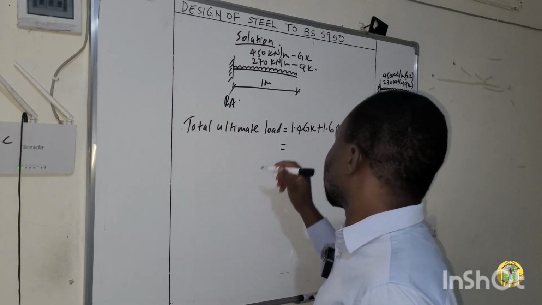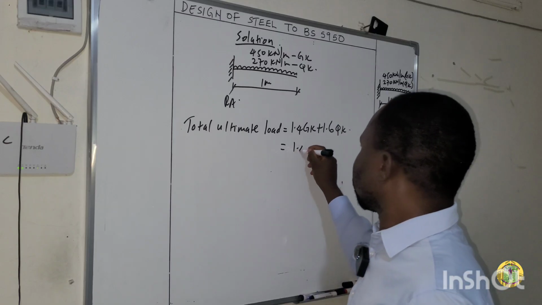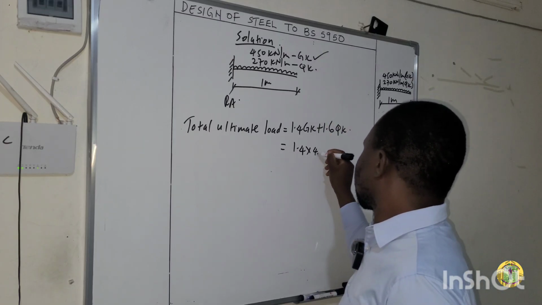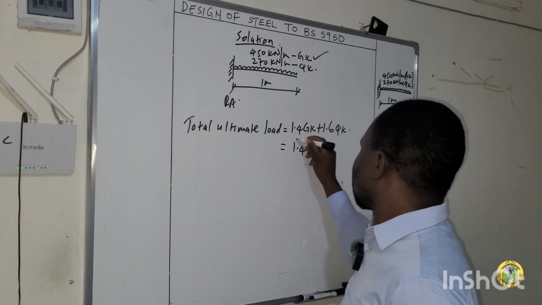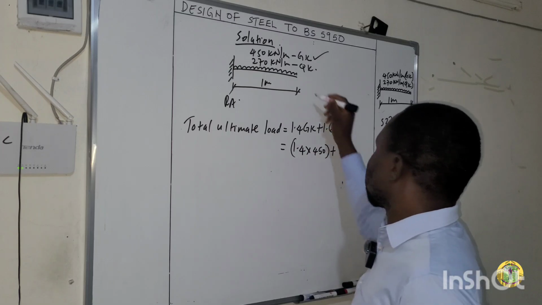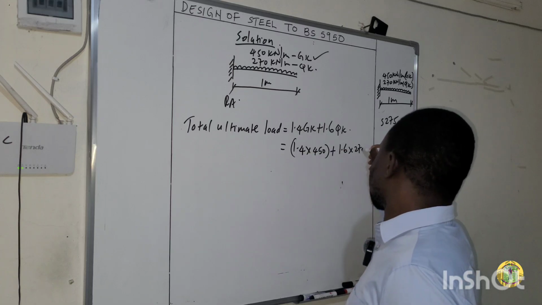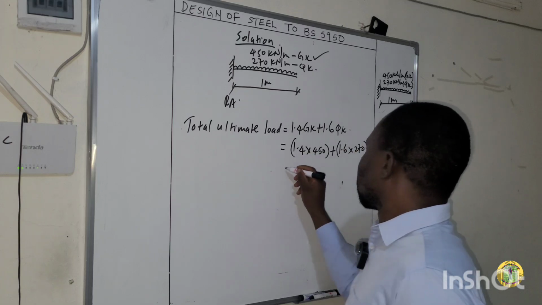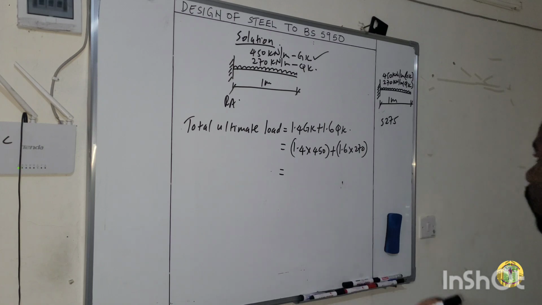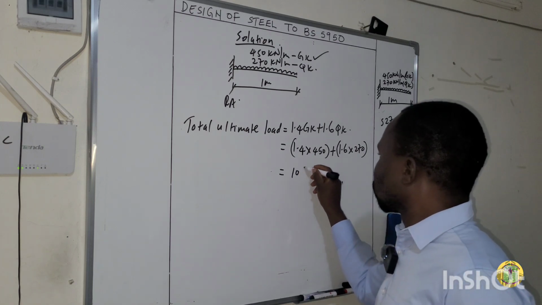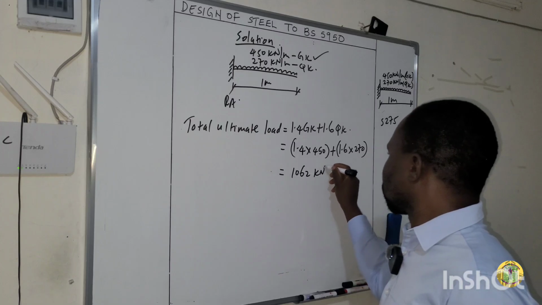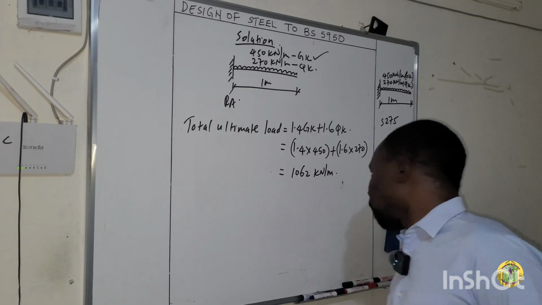So this one is equal to 1.4 times GK, which is 450, plus 1.6 times 270. So this one is equal to 1062. Remember the SI unit is kilonewton per meter.